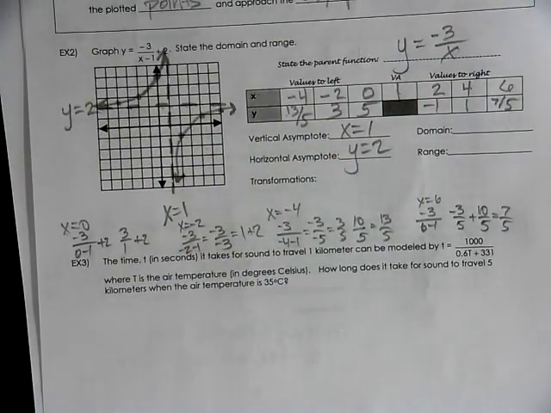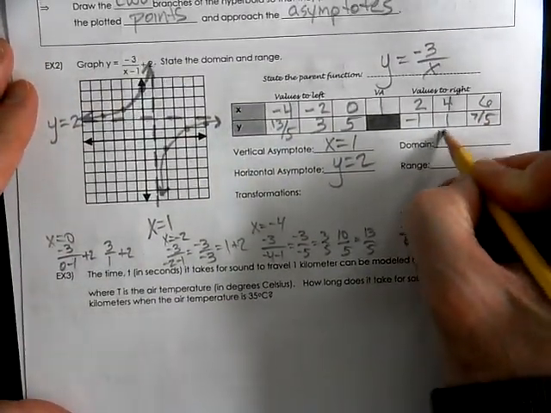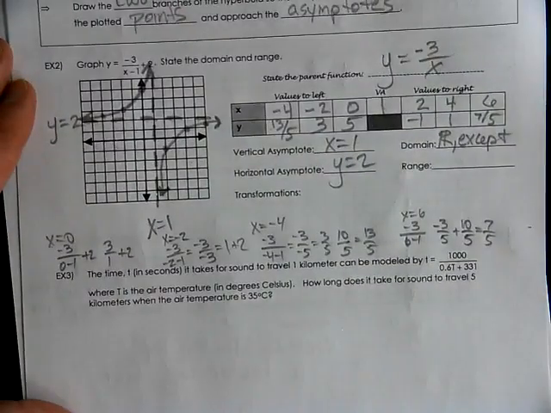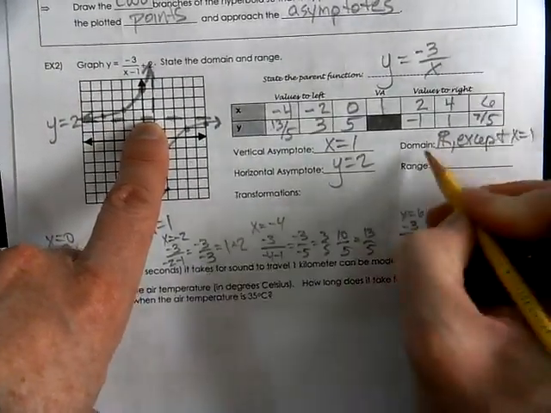We graphed it out. We didn't use a calculator. We did not type that into our calculator. We did not look at the table on our calculator. What's our domain? All real numbers except x equals 1.